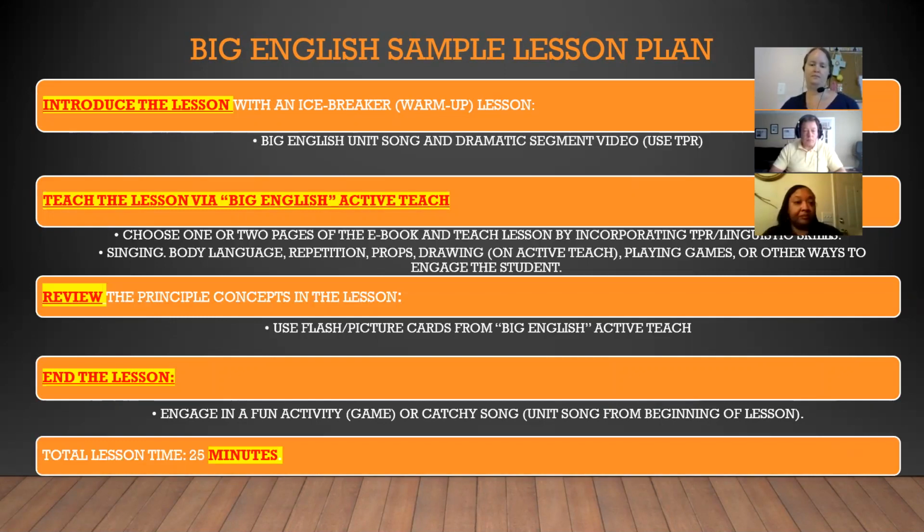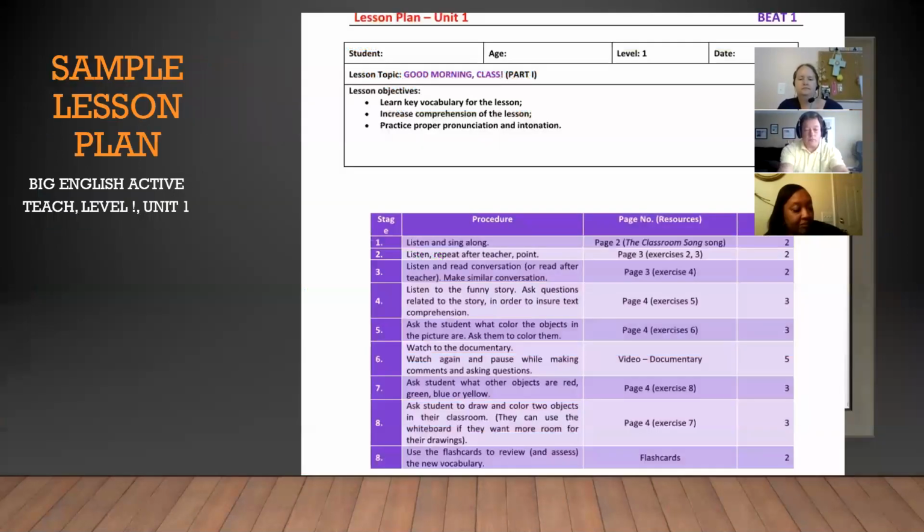But the meat of the lesson is usually the 2 pages out of the ebook. You probably saw it pop up very briefly. Primarily a teacher will pop up the ebook, and then maybe 2 or 3 pages out of that, they will use presentation mode, incorporating TPR and linguistic skills.